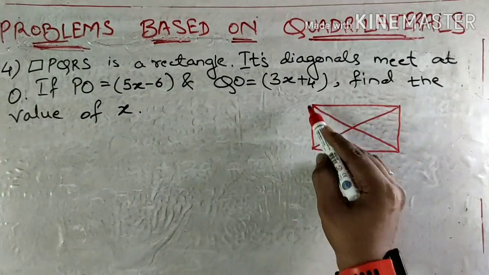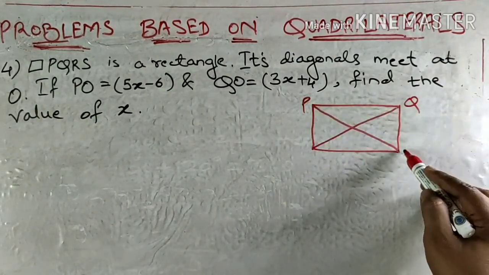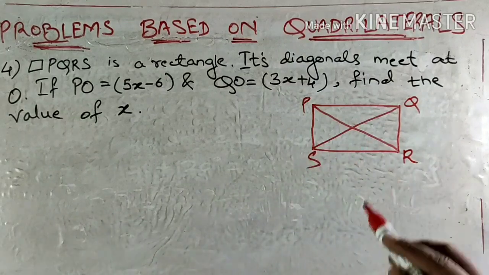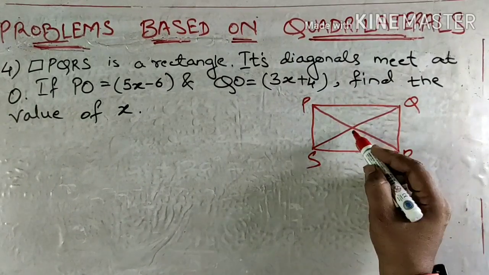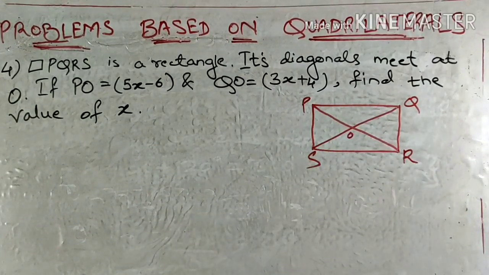Okay, so P, Q, R, S. Also, the diagonals are equal along with bisecting each other.